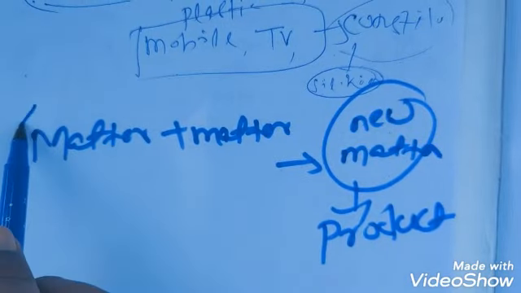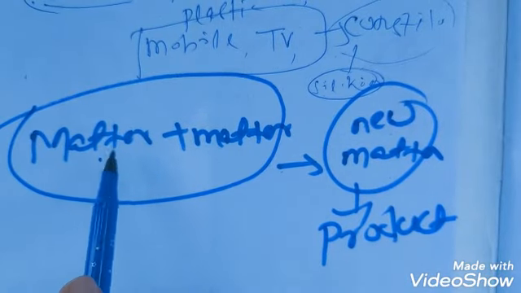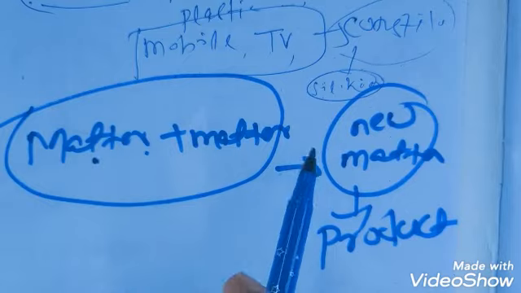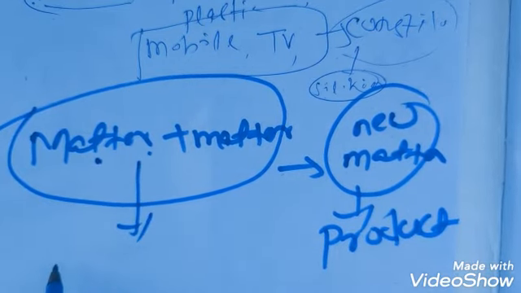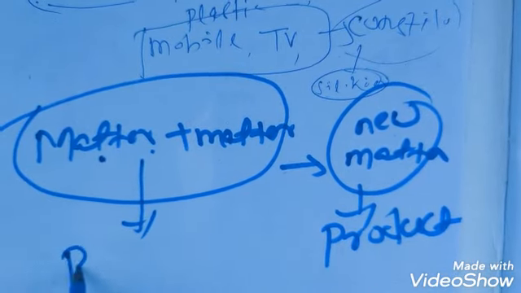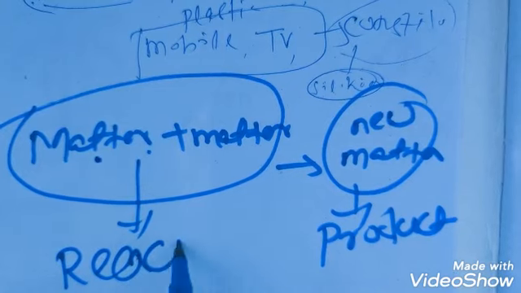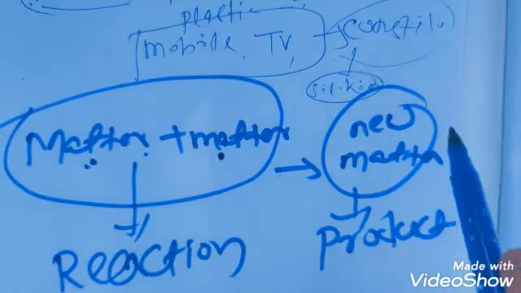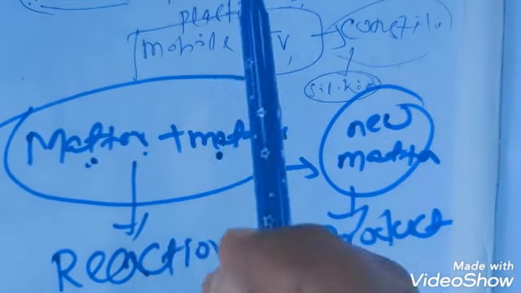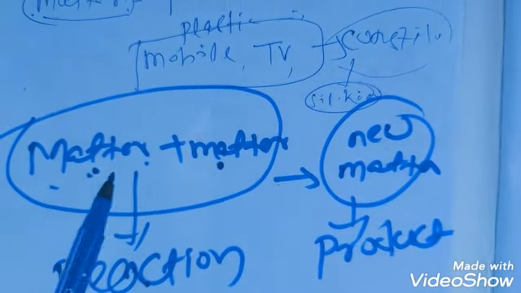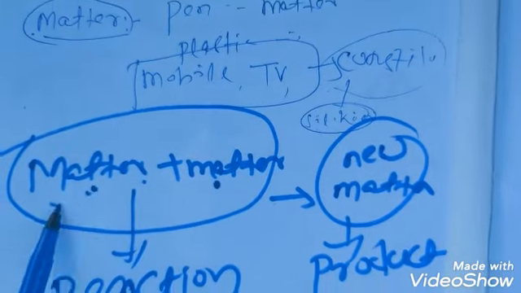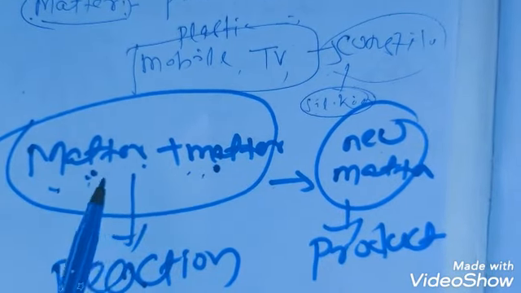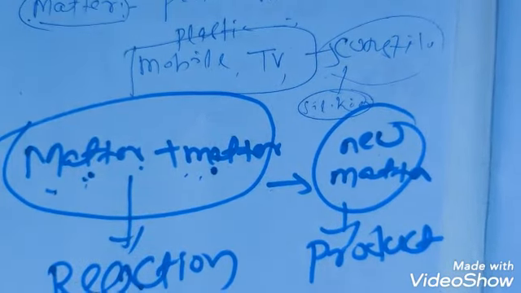So here two matters combine with each other in a definite ratio, that is called a reaction. When two matters combine to form a new substance, that process is called a reaction. And in this process two chemical matters are involved, so it is called a chemical reaction.